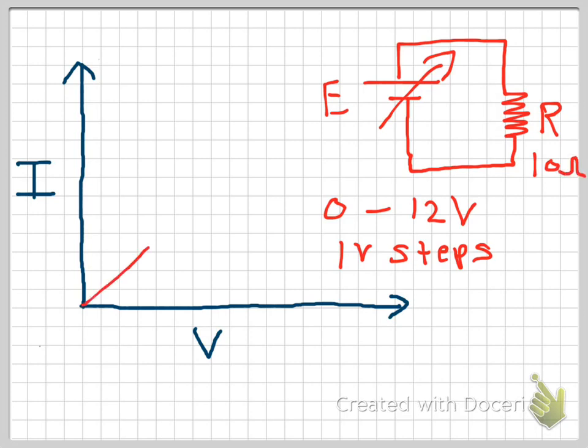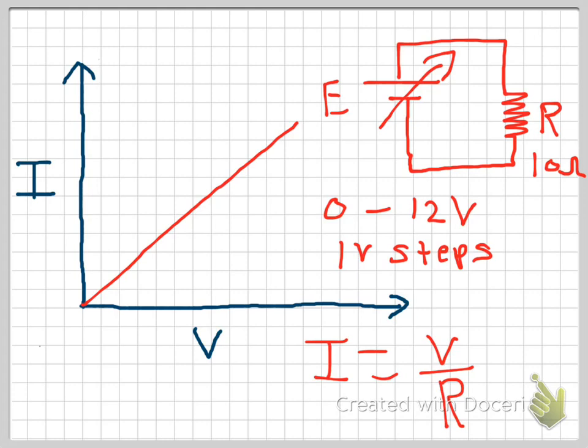Then we have a linear line: as we increase the voltage, we get a corresponding linear proportional increase in the current. Remember, the current is voltage divided by R. So for homework, I want you to take a sheet of graph paper and plot this out, let's say in 12 steps.